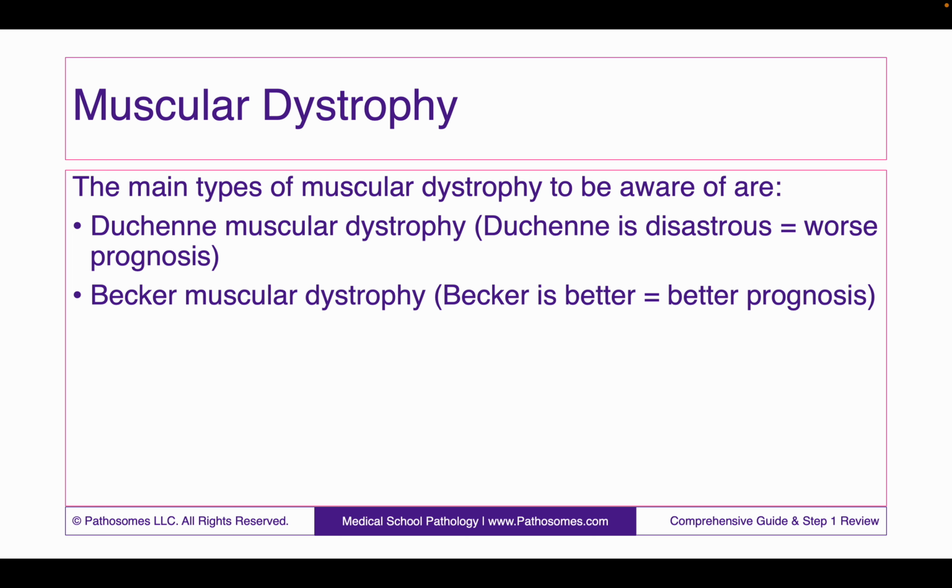The main types of muscular dystrophy that you need to be aware of are Duchenne muscular dystrophy and Becker muscular dystrophy. Now, there's an easy way to remember this. Remember that Duchenne's is disastrous, worse prognosis, and Becker is better prognosis.